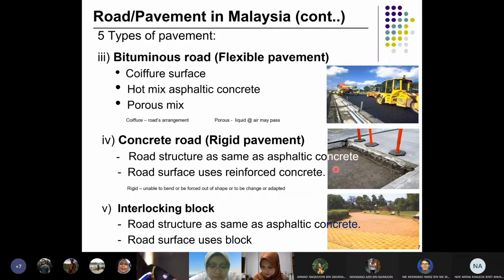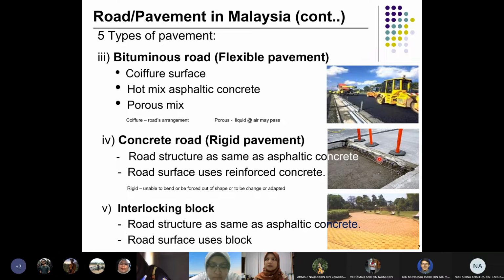Okay, if you look at the construction, how they do it, right? See here, this is on rigid pavement. Dia ada rebar, reinforcement bar. You see yang terkeluar-keluar tu, dia ada reinforcement bar. Okay. So when you talk about rigid pavement, you know that rigid pavement is actually using the same material as what you do for your building structure.